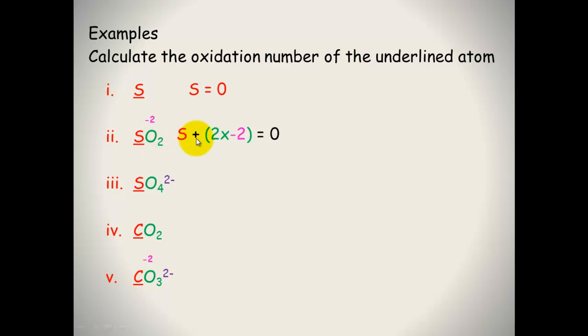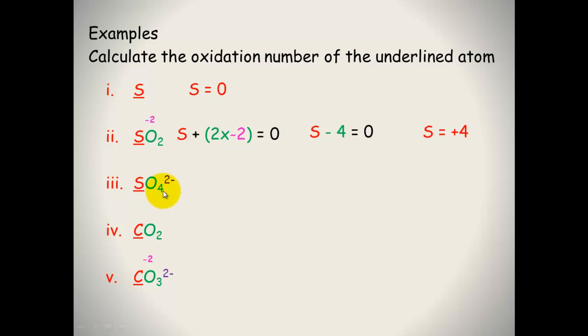The oxidation number of sulfur plus 2 oxygens times -2 equals an overall charge of 0. So sulfur plus -4, which is what oxygen contributes, has to equal 0. Thus sulfur has an oxidation number of +4. +4 for sulfur, 2 times -2 is -4, equals 0.